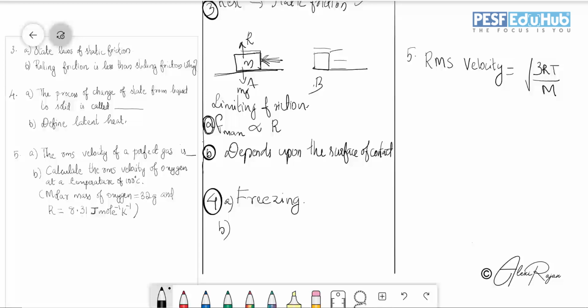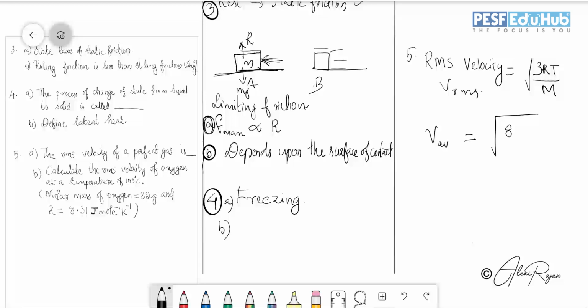I'm not only discussing the RMS value, just learn these by heart, that is the average value. This is VRMS. Now V average. What is the average value? If a question is asked what is the average value, don't hesitate, just write down it is root 8RT by piM.